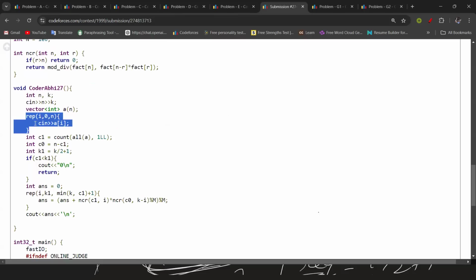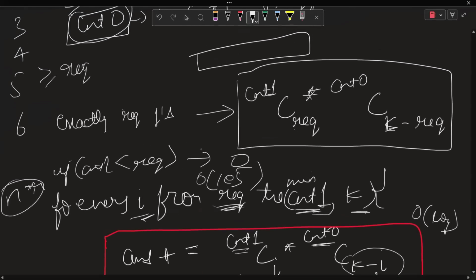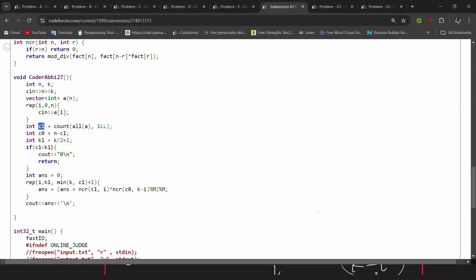We have got our input array, and I'm taking the count of 1, through the count function. I'm taking count of 1, and count of 0 would be n minus c1. And k1 is actually the required that I was telling. I have named it k1 here. So this required is k1 in my code, and c1 is the cnt1.